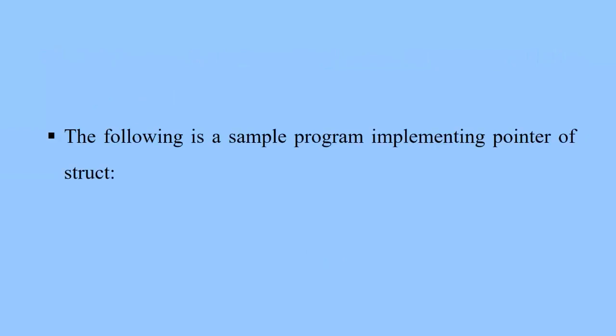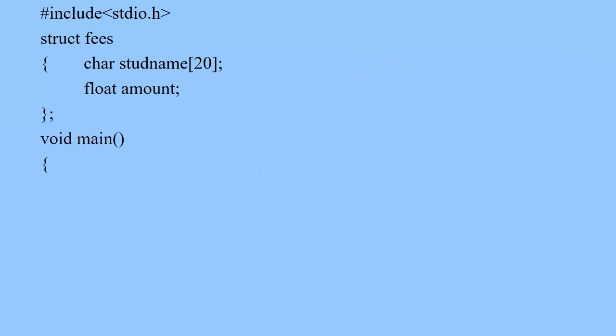The following is a sample program implementing a pointer to a struct. So that's our preprocessor directive. Then we have a structure called fees, whose one member is called student name and is an array of type char, then a member called amount of type float. Then we have our main function, and an instance of our struct called student.